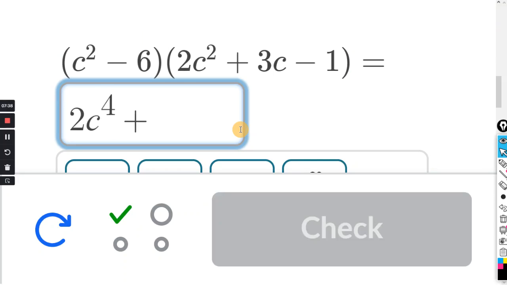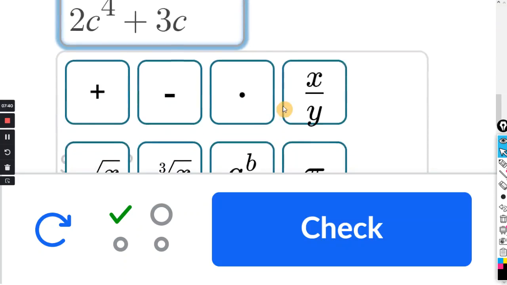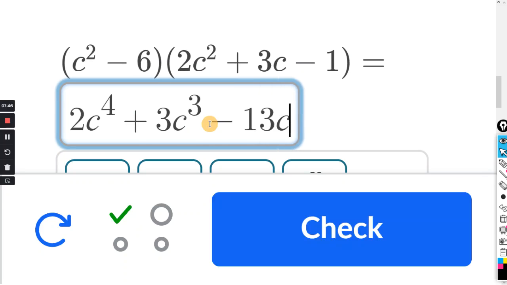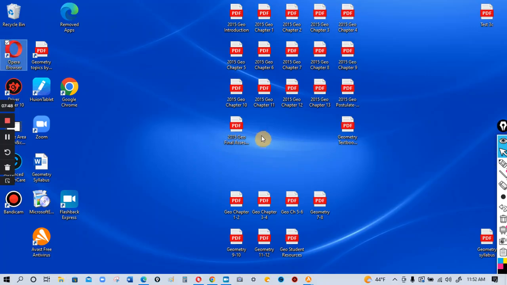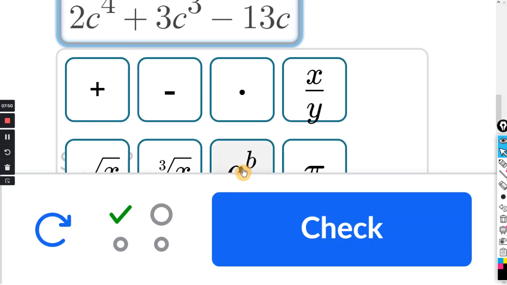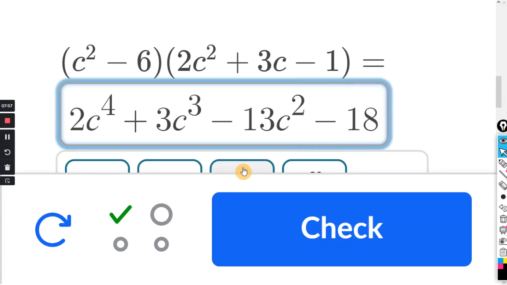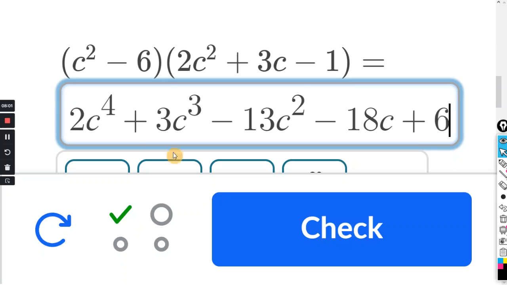And plus 3c to the 3rd. Exponents right there, c to the 3rd. And then minus 13c squared. So right here is c squared. Minus 18c. And then plus 6. So that's it.